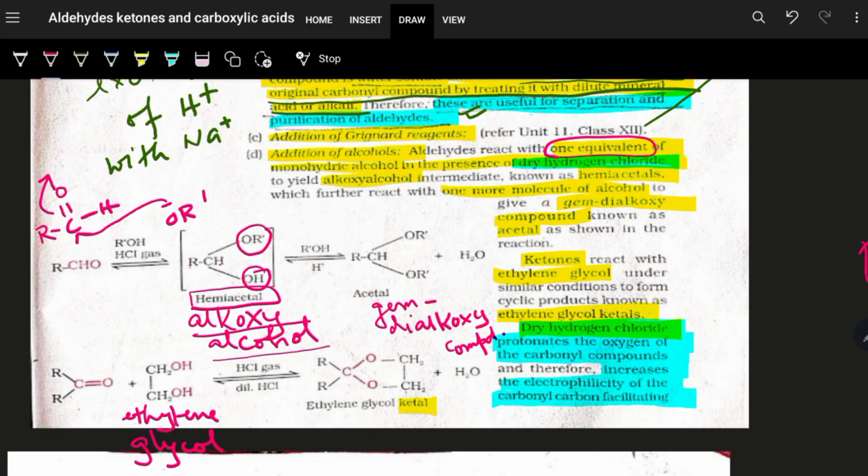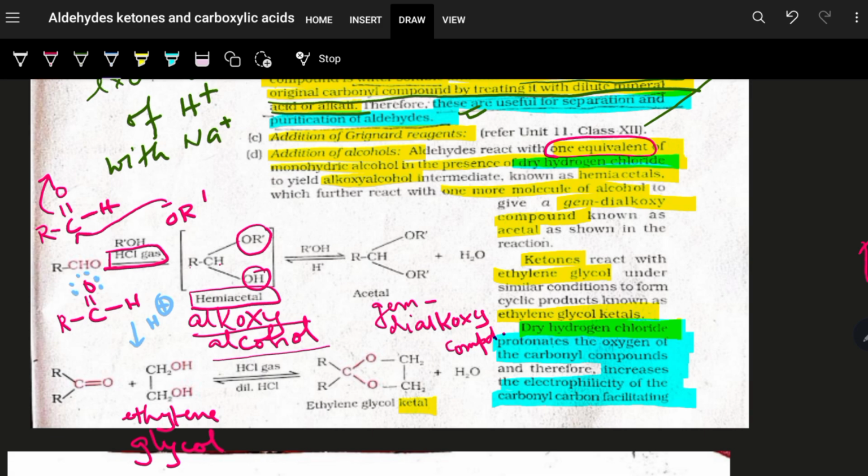You got OH. How? See, dry HCl gas is used over here. Why? Because in order to increase the electrophilicity of the carbonyl. When you use dry HCl, the oxygen gets protonated in presence of H+.